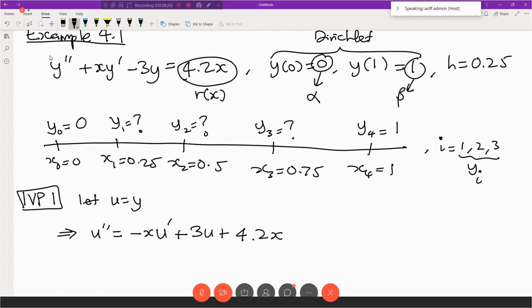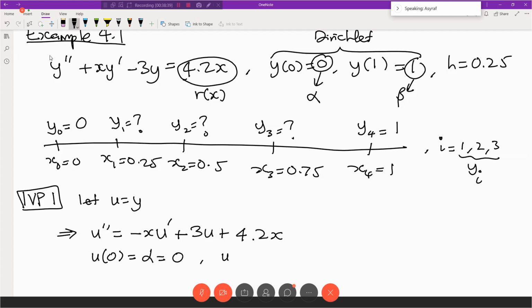And your u(x naught), what is your x naught? Your x naught should be 0, equal to your alpha. What is the value of your alpha? 0.